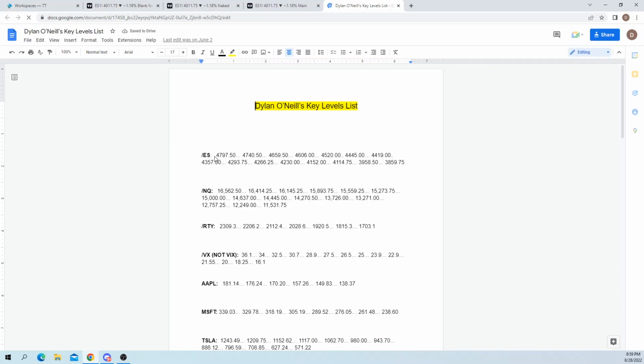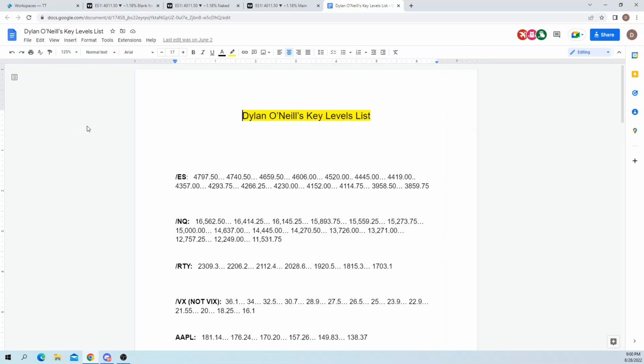On ES, you can see that I have not touched this particular document since June 2nd. So these levels have been on this sheet for this whole week, the last couple months.